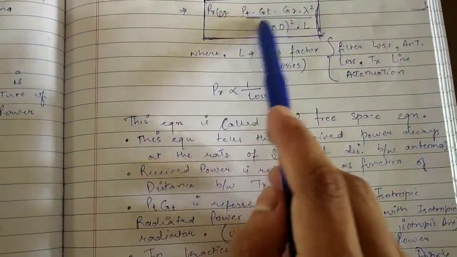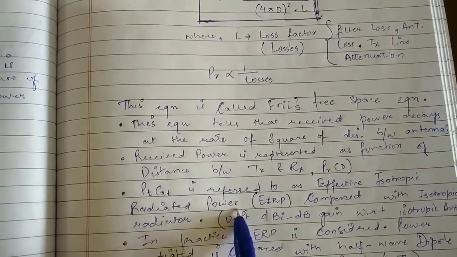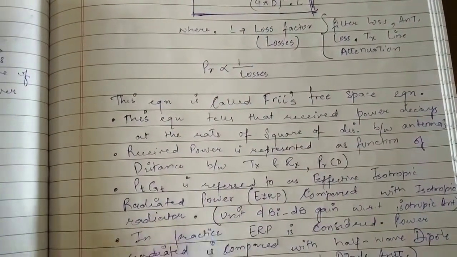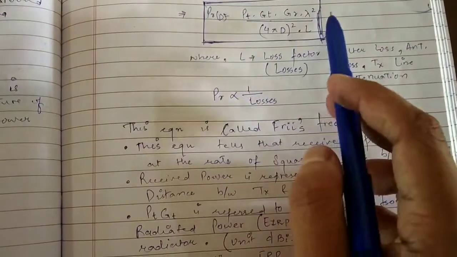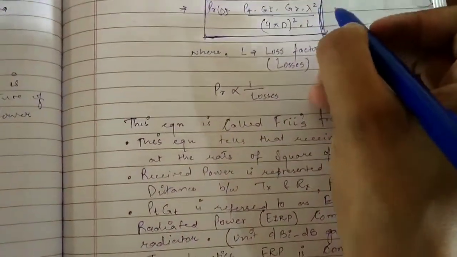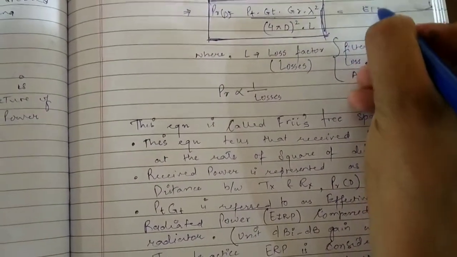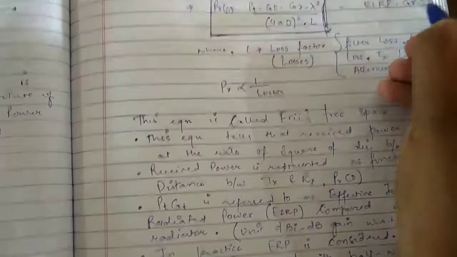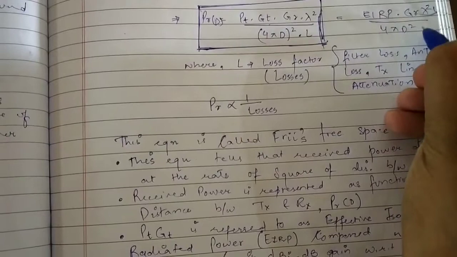The term PT GT is referred to as the effective isotropic radiated power, EIRP, compared with the isotropic radiator. Here we can write this equation as EIRP GR lambda square by 4 pi d square L.